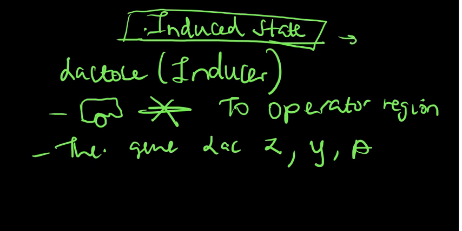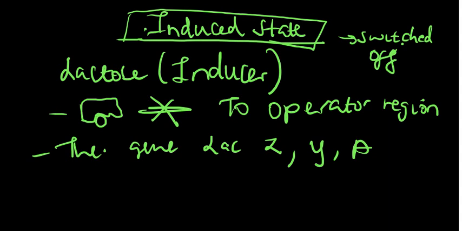Switched off. But it can be switched on in the presence of an inducer. So now here we're saying that this induced state is switched off. Sorry for that mistake.